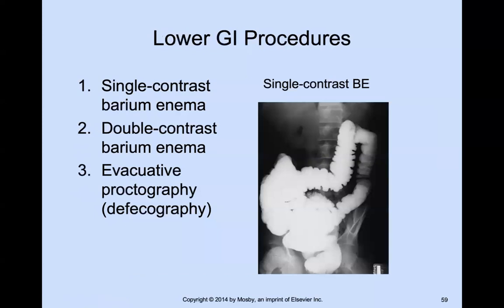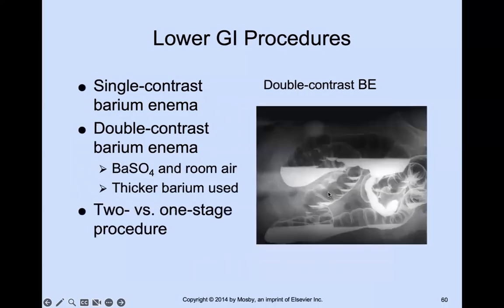So we talked about single contrast, double contrast. So as you can see here, this is single contrast. How do I know this? Because we don't see air. Okay, it's all white, so it's single contrast. Double contrast. So you guys, you see the mucosal lining, the outline of the large intestine.